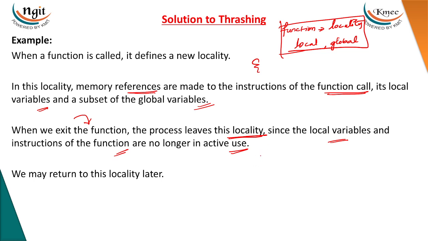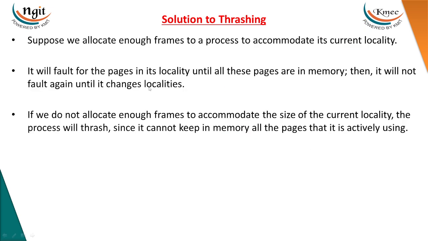Okay, so if we change from one function to another function, the locality will change. We may come back to this function when we call it again. If we call f1 again, we come to that locality.